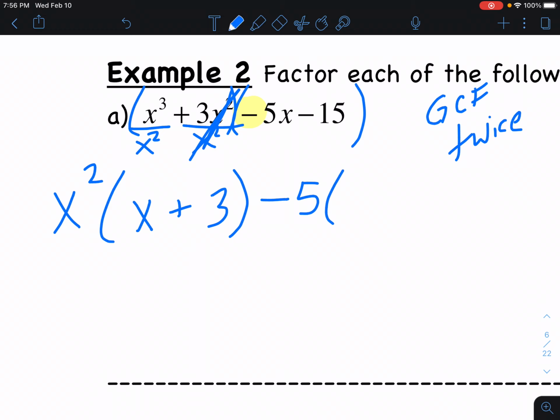So negative 5 is what I'm going to be dividing by, because that's my GCF. And we got to be careful with sign rules. So negative 5x divided by negative 5 is x. Then negative 15 divided by negative 5 is 3. So put a plus 3 because it's positive.